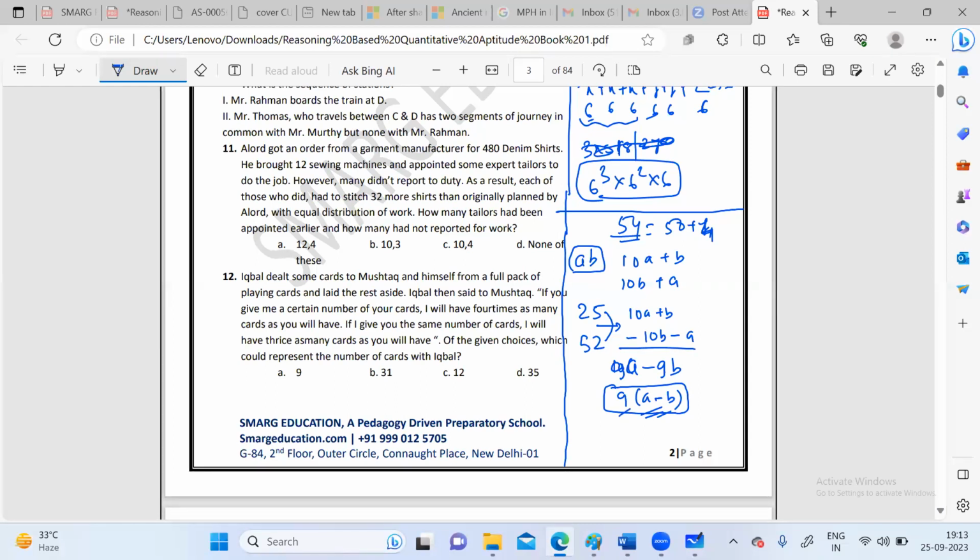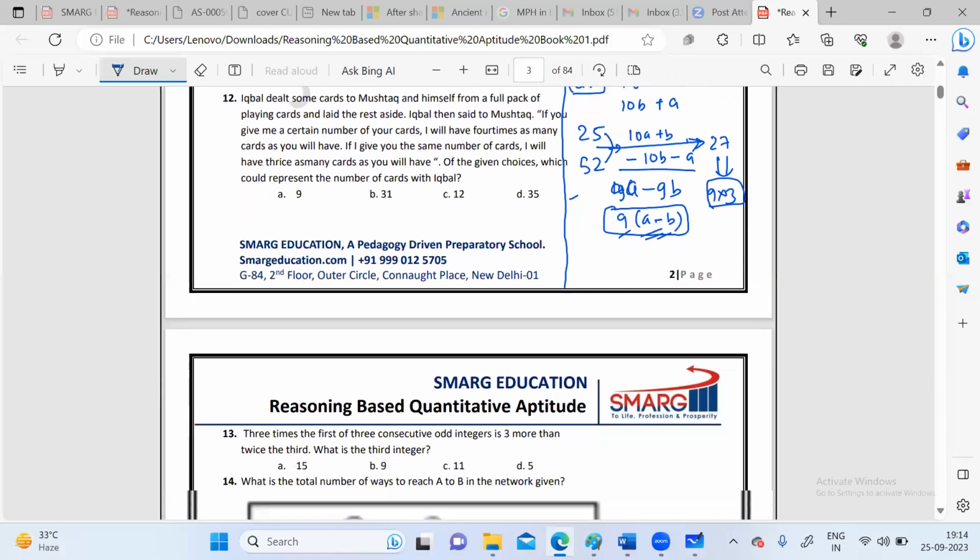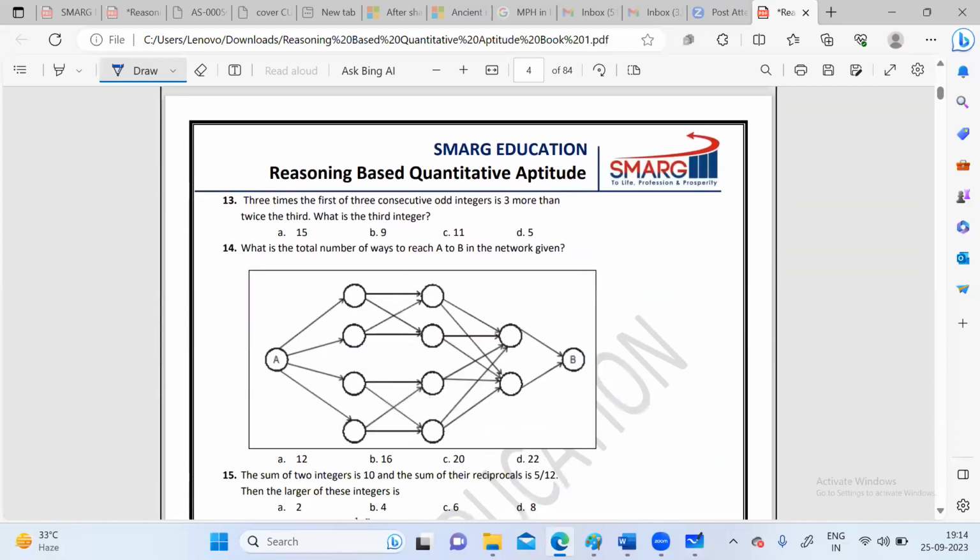So the difference of a two-digit number and its reverse is always a multiple of 9, and you can get which multiple by subtracting the digits from each other. From 25 to 52, you are getting a difference of 27, which is 9 into 3.